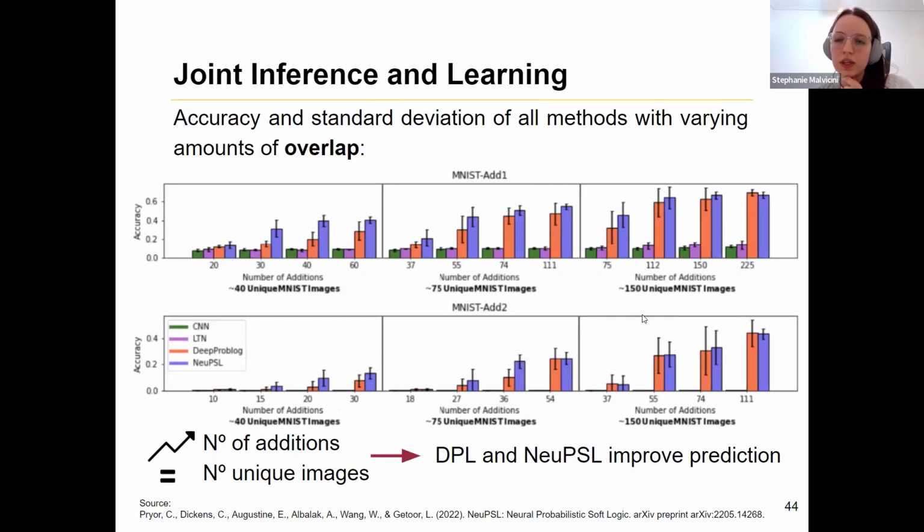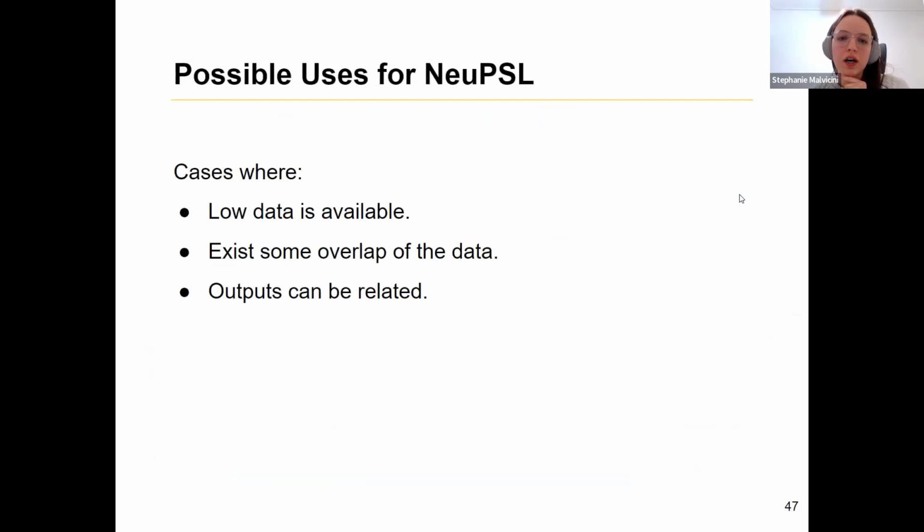And even though we have a really low amount of data, the accuracy of the model is really good. And also when we have overlapping of the data, or we have a way to relate the different outputs.